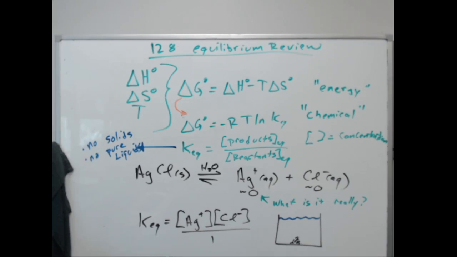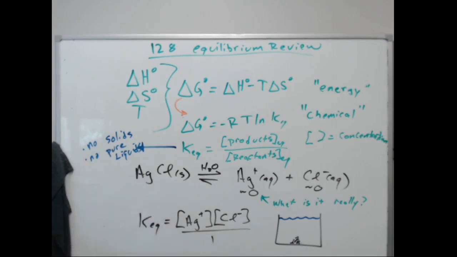So it looks like nothing is happening to us, but there's still some exchange of chemical compounds happening between the solid and the solution. Every bit of solid dissolving is going into solution, and every bit of ions precipitating is going to the solid, so there's this equal and opposite effect, and we're just going to look at the solution. So we're going to consider the concentration of ions in solution, not the solid.